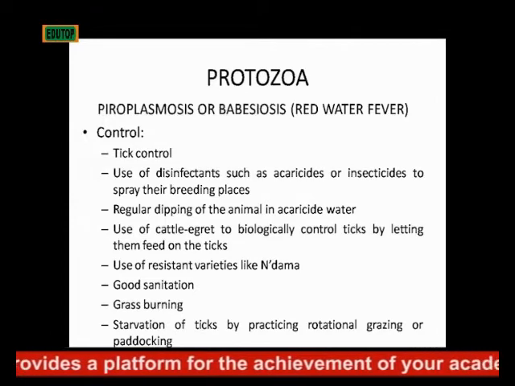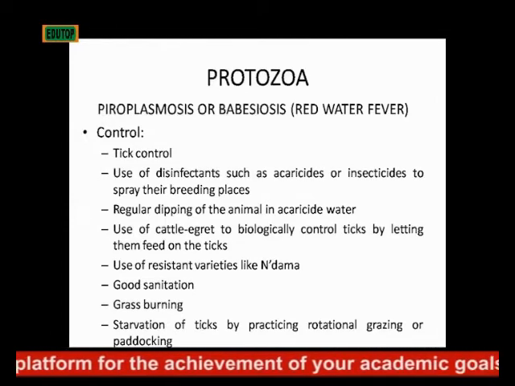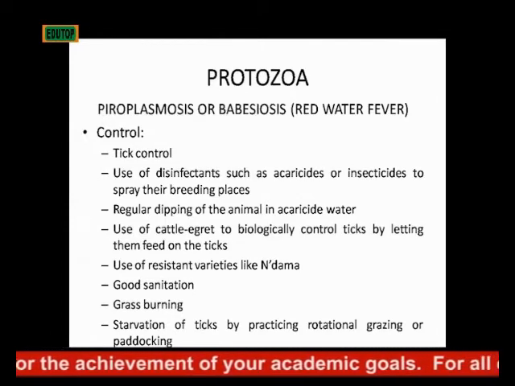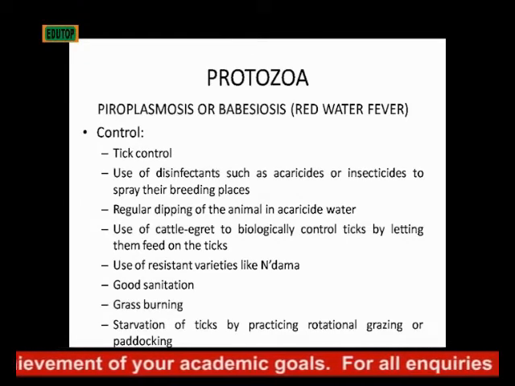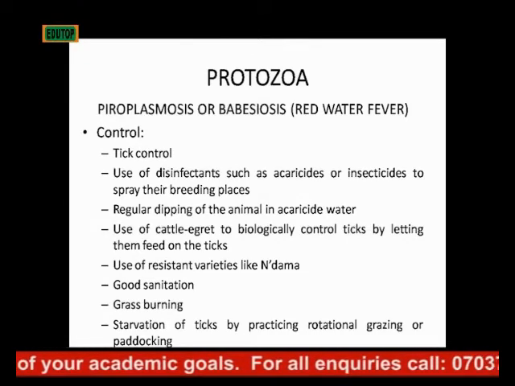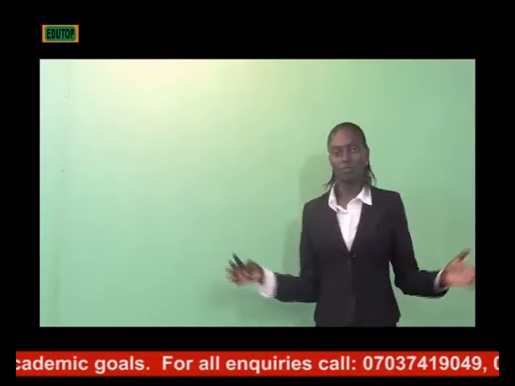That's disinfection too. Then you can use cattle egrets to biologically control tick. When you introduce cattle egret into your herd or animal house, into your cattle farm, what cattle egret does is that they'll take out the tick from there, so you can control tick like that too.